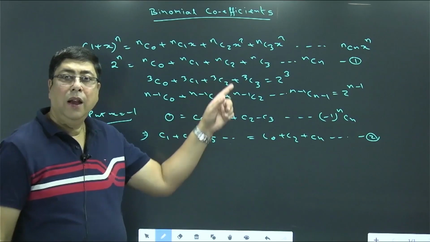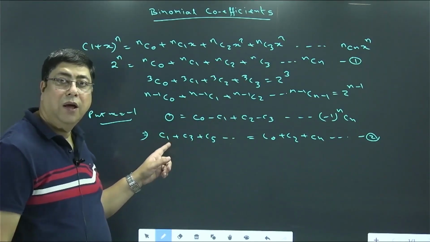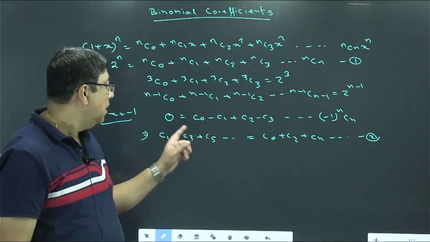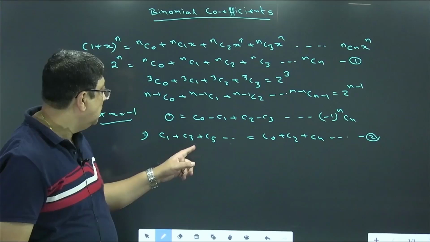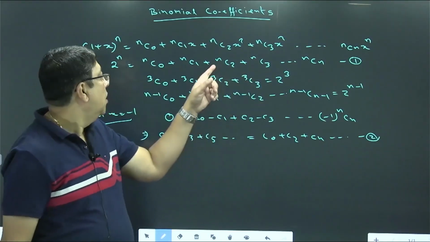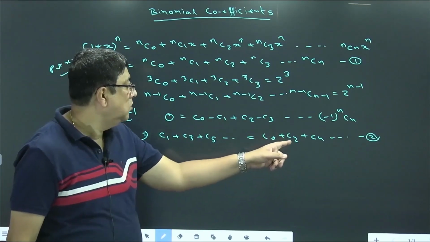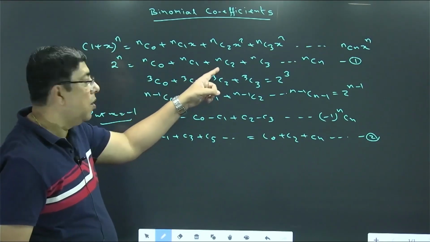Now from 1 and 2, C1 means nC1, C3 means nC3, I am writing in short. So instead of C1 + C3 + C5 in equation number 1, if we put C0 + C2 + C4, there are two numbers of nC0, two numbers of nC2.